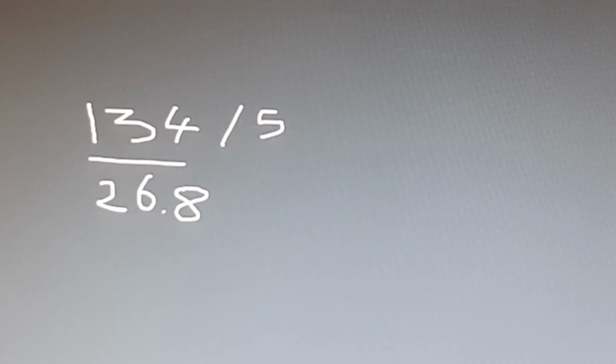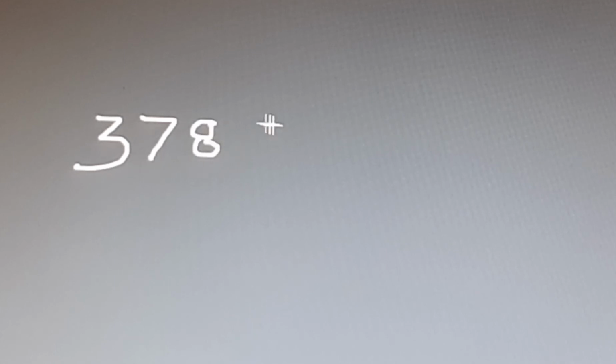Now we will go for a three figure number. 378 divided by 5... actually 3 7 8 2 divided by 5.